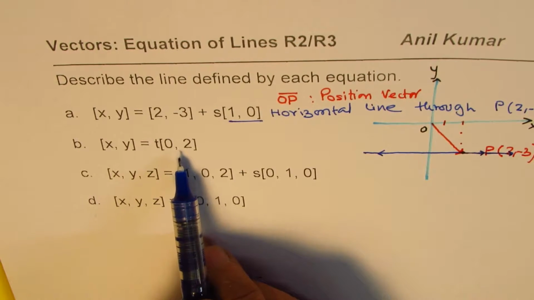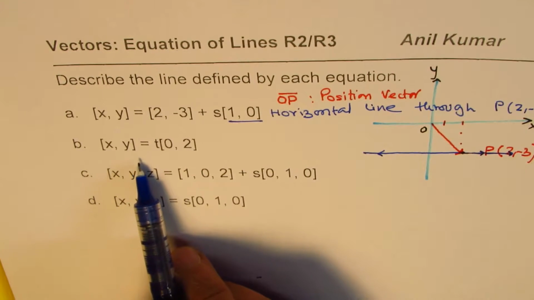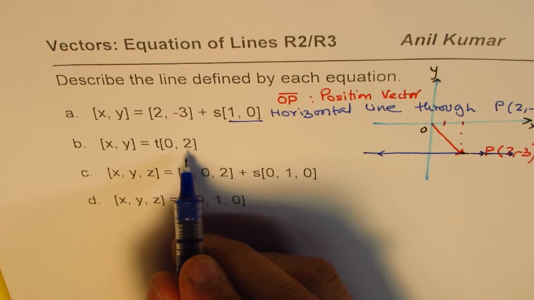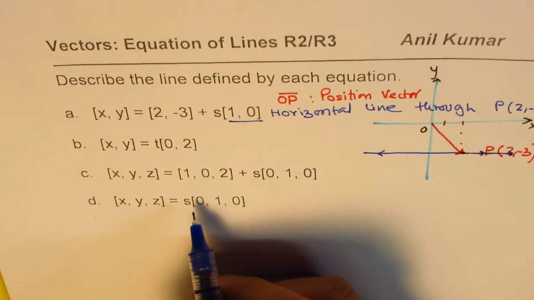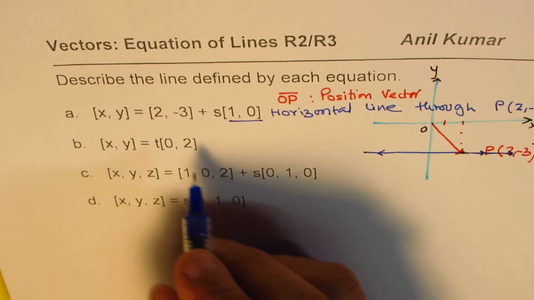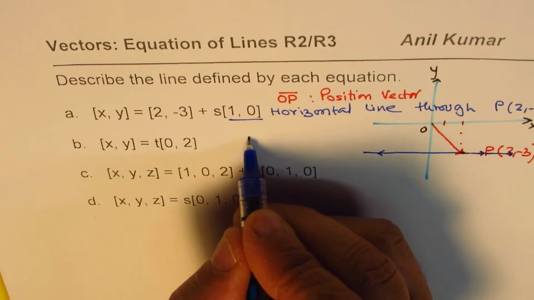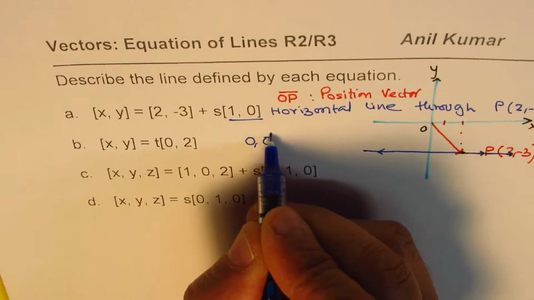The second equation is (x, y) = t(0, 2). Here, what is the position vector? We really don't have any, so it is (0, 0). That is why nothing is written there.